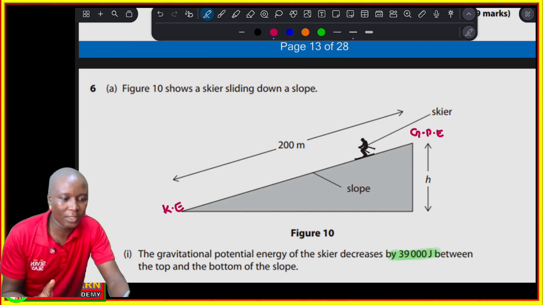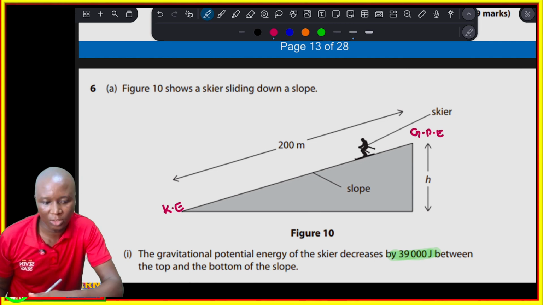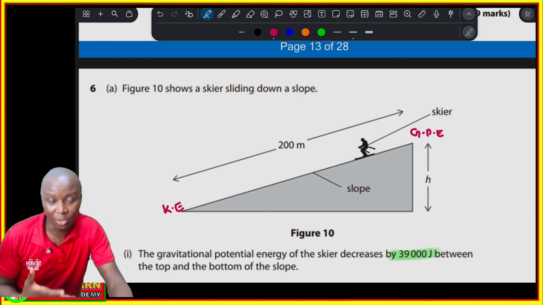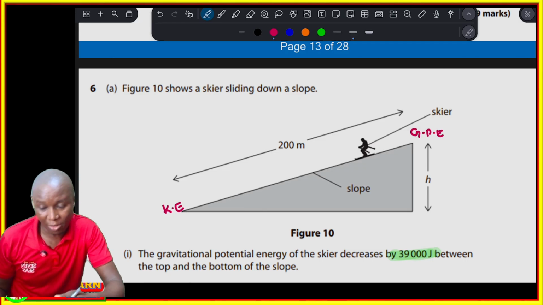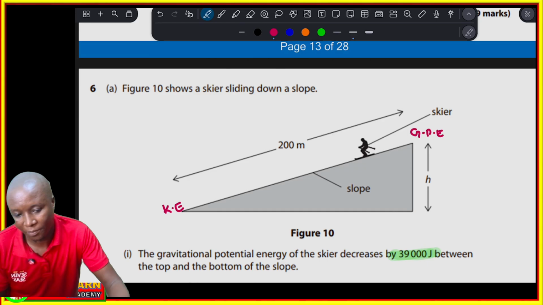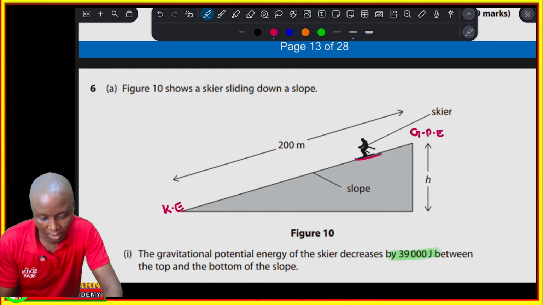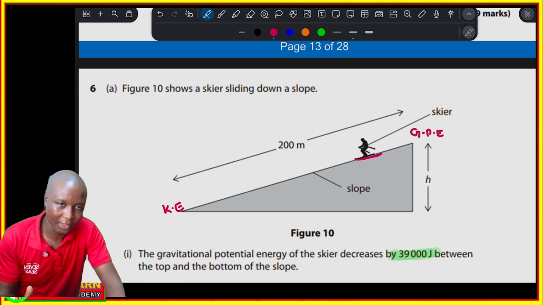Not all the GPE will be converted to kinetic energy because there is dissipation, there is energy lost. As the person is coming down, they are working against air resistance. There is friction between the skis and the surface, and energy is lost in the form of sound and heat to the surroundings.